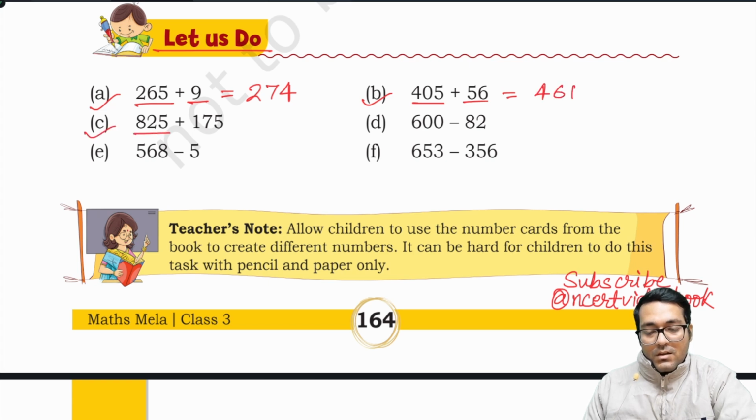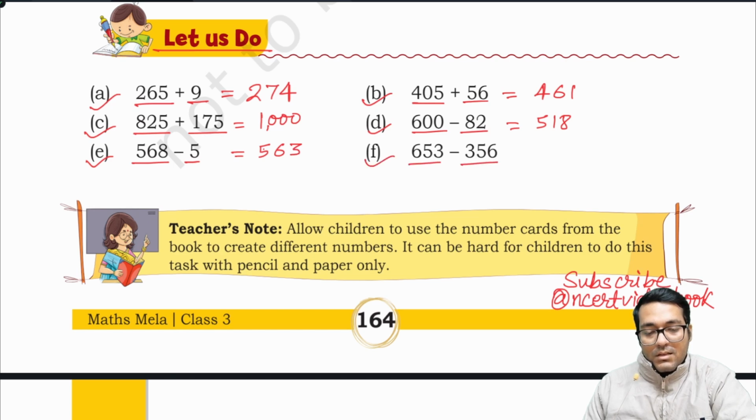C. 825 plus 175 is equal to 1000. D. 600 minus 82 is equal to 518. E. 568 minus 5 is equal to 563.